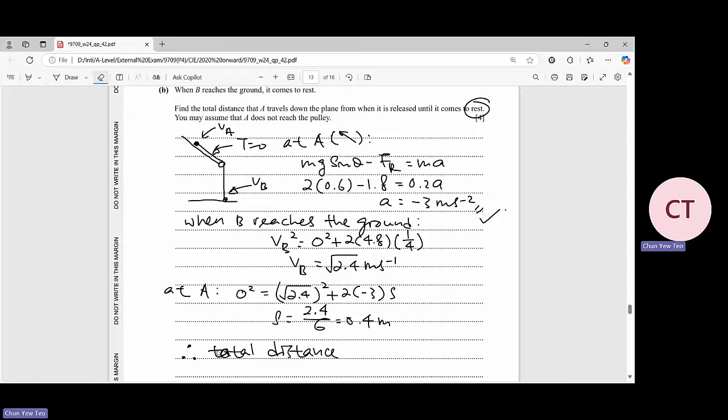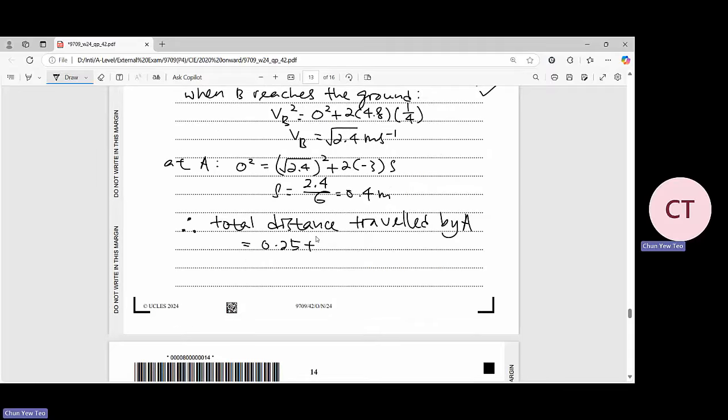So therefore the total distance traveled by A for this case is equal to 0.25 plus 0.4, and you will get 0.65 meter.